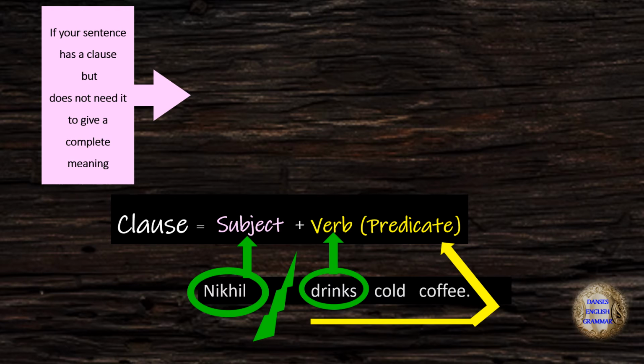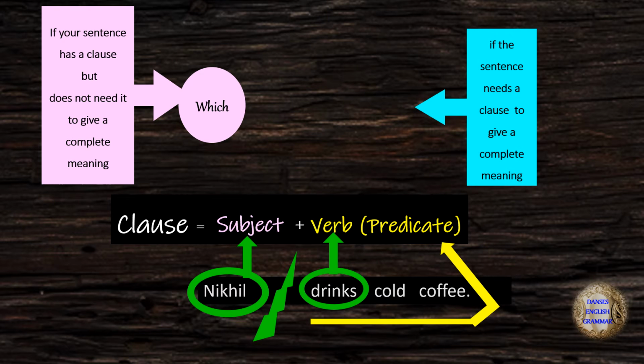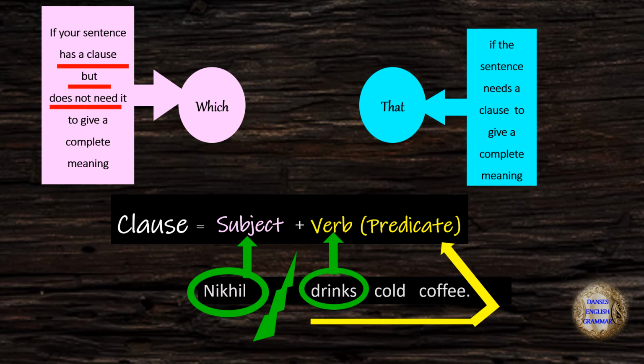Now, if your sentence has a clause but does not need it to give a complete meaning, then you can use which. At the same time, if the sentence needs a clause to give a complete meaning, then you can use that. Let me repeat.